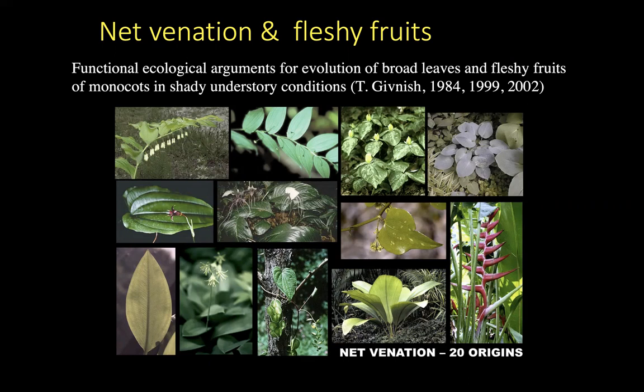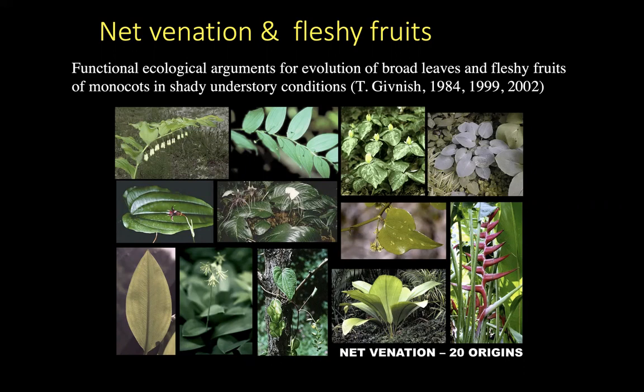And net-like leaves allow you to fan out all of that blade of the leaf better. Fleshy fruits as well are really important in the understory, especially for recruiting birds and small mammals and other critical seed dispersers.